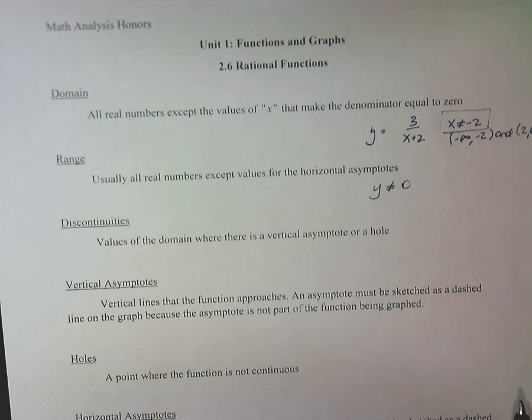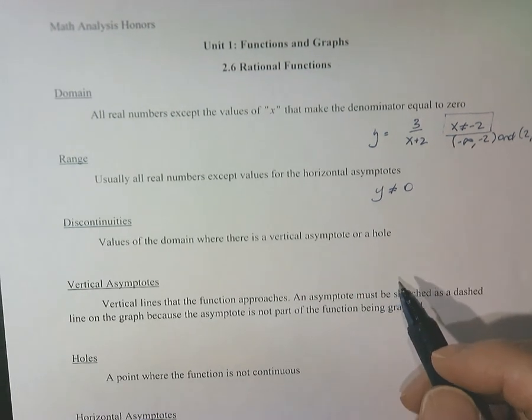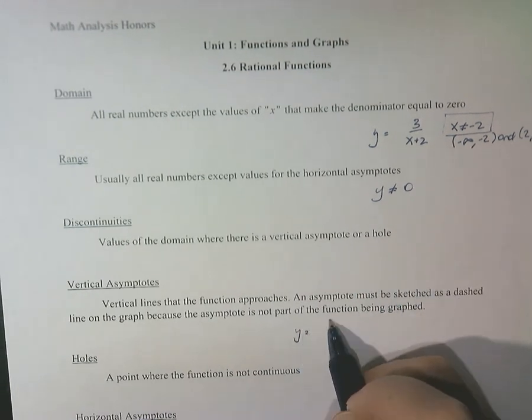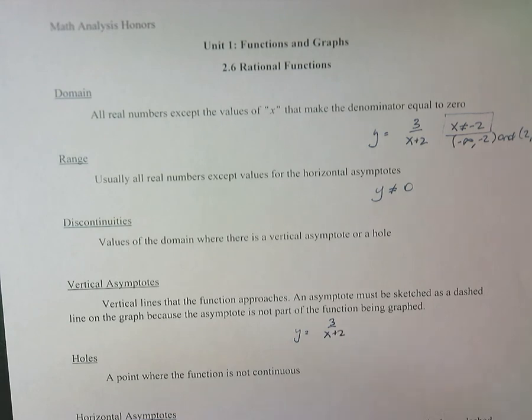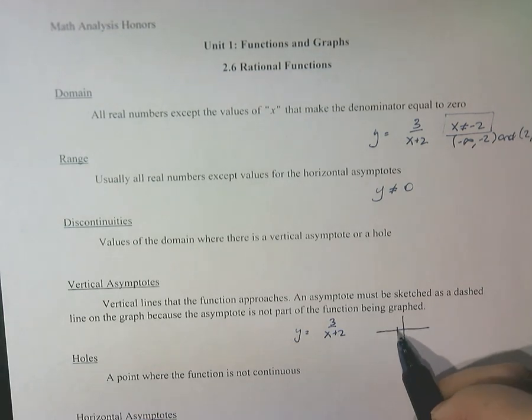If I were to graph, well, let's look at this y equals 3 over x plus 2. This has a vertical asymptote at x equals negative 2. If I were to graph this, it's not continuous at negative 2.